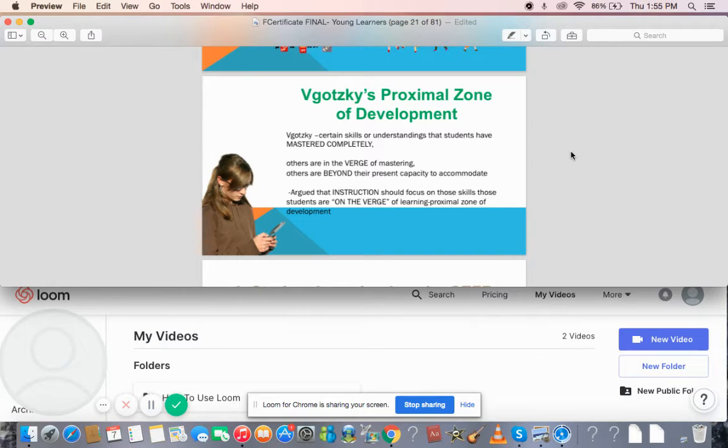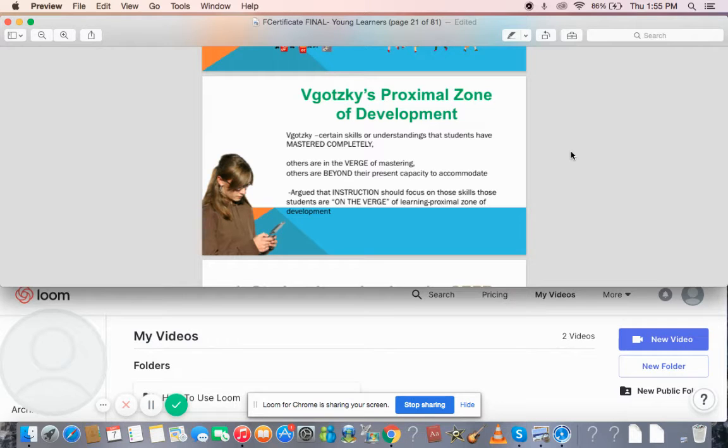So what does this theory of Vygotsky imply when we talk about education? It means that when we make instructions, or when we have our lesson topic, or when we do our lesson plan, we have to see to it that the skills are new things, something that they haven't actually mastered completely, that they are in the process of mastering.